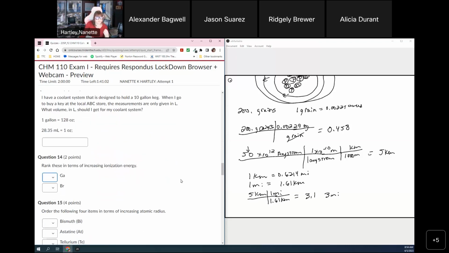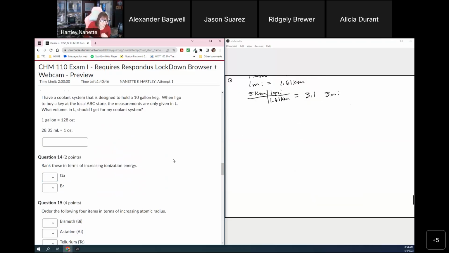I have a coolant system that's designed to hold a 10-gallon keg. When I go to buy, I should say keg, at a local ABC store, the measurements are only given in liters. What volume in liters should I get from my coolant system? So there are a couple ways I can do this. I have 10 gallons, and I need to get to liters.